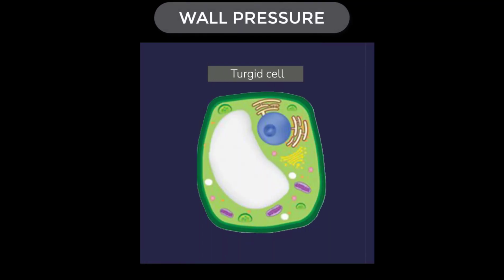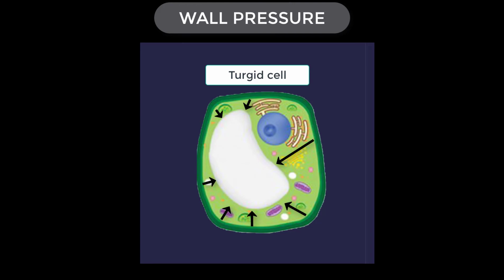Wall pressure. This is the pressure that is generated by the walls of a turgid cell, and it acts against turgor pressure. That means that this pressure is pushing the cytoplasmic contents towards the sap vacuole.